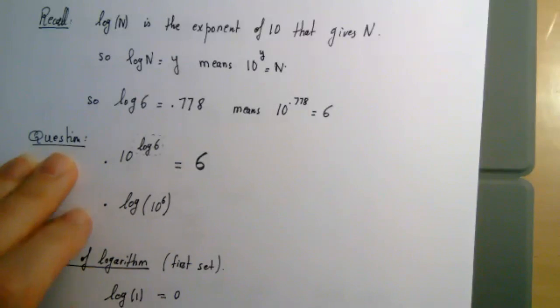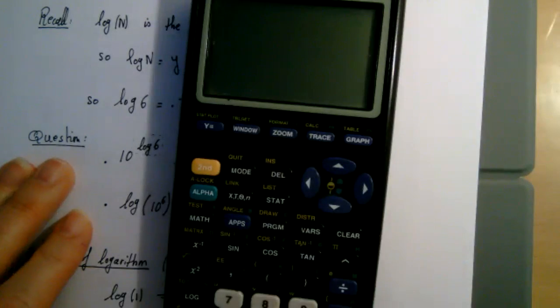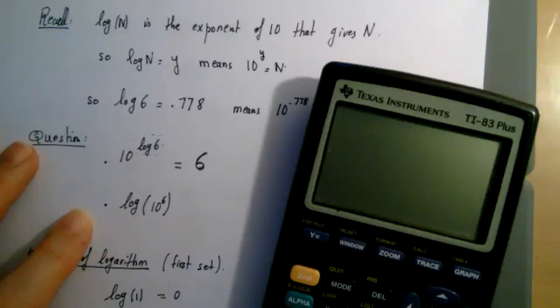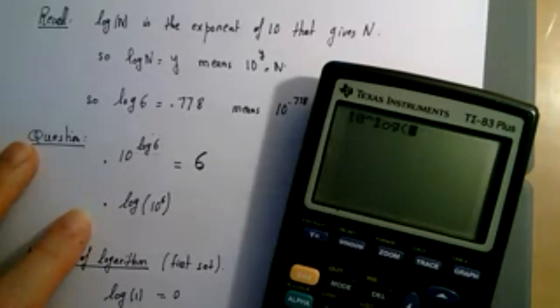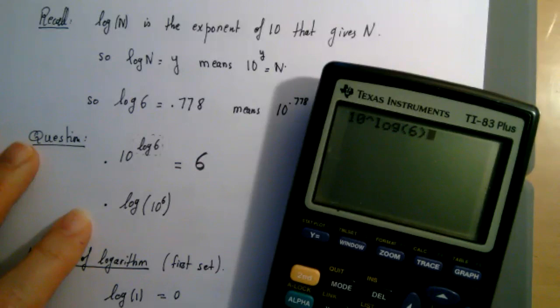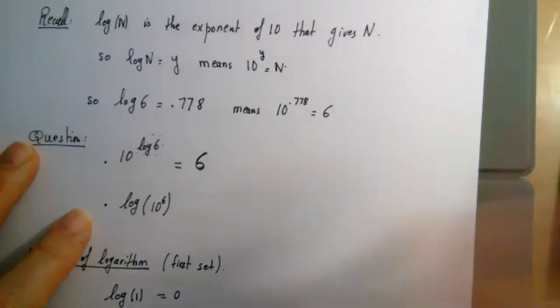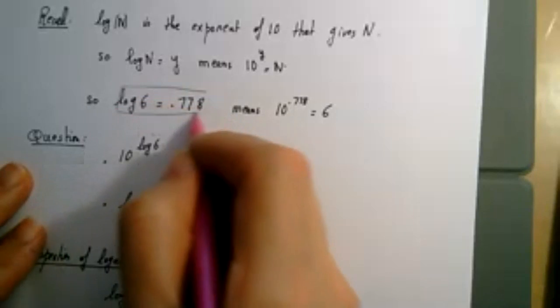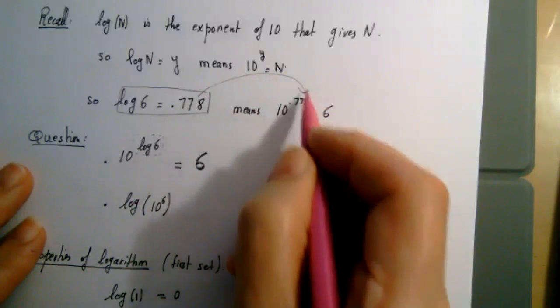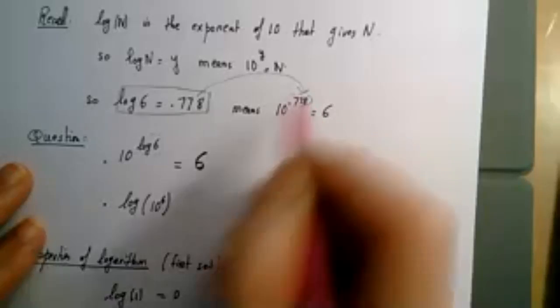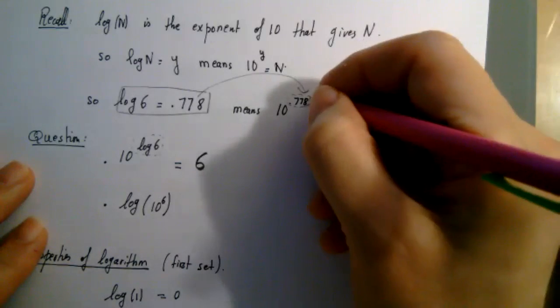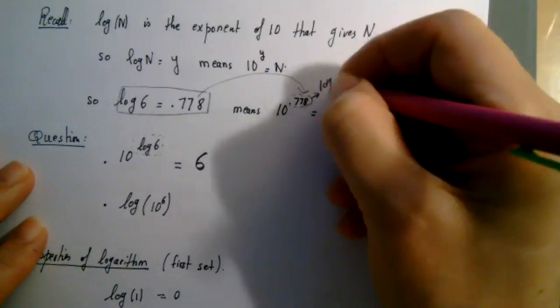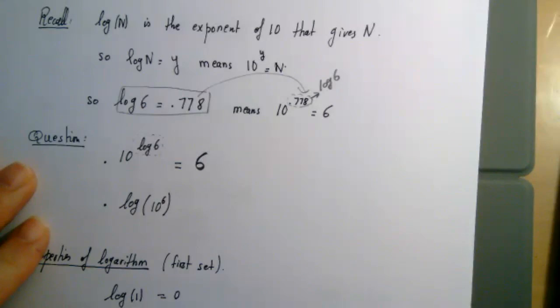When you take your calculator and I compute 10 to the power log of 6, I'm going to get my 6 back. Because what's the definition of the log of 6? Connect the dots here. It's this power. It's the number that I have to put here to get 6.